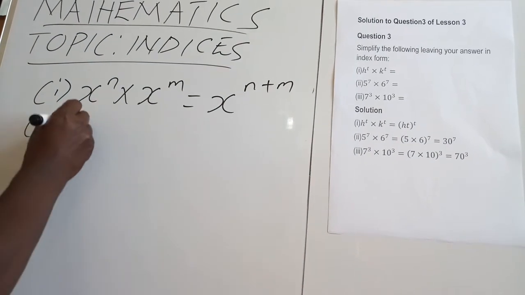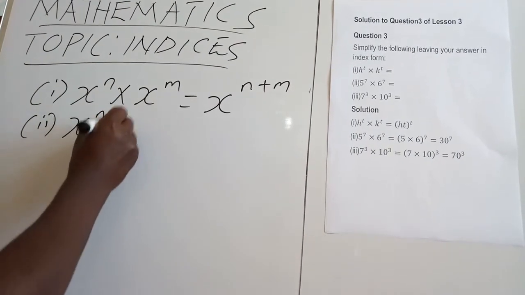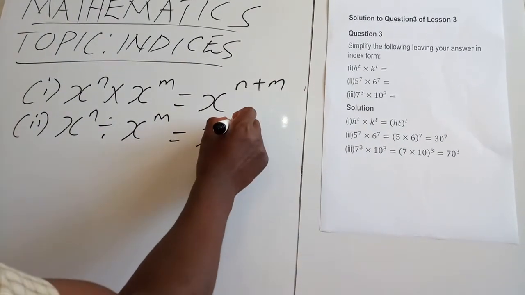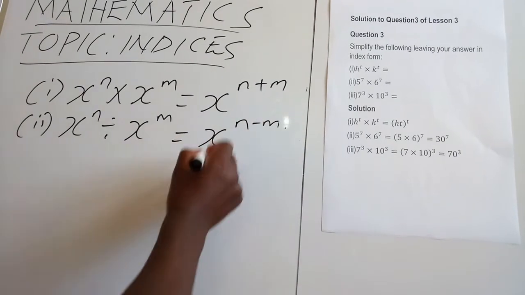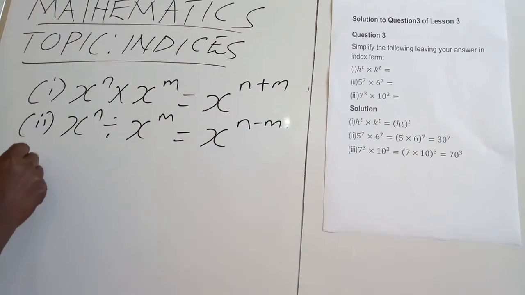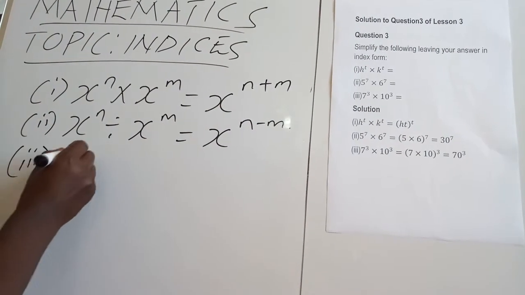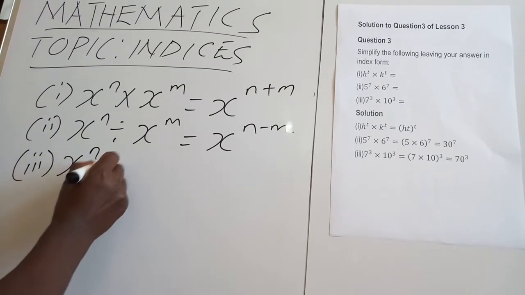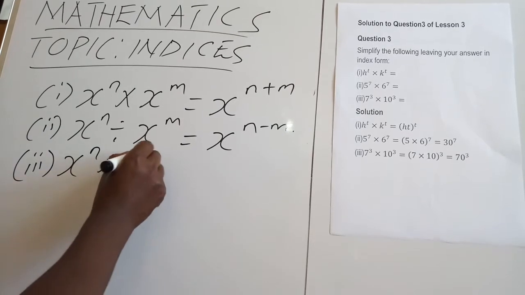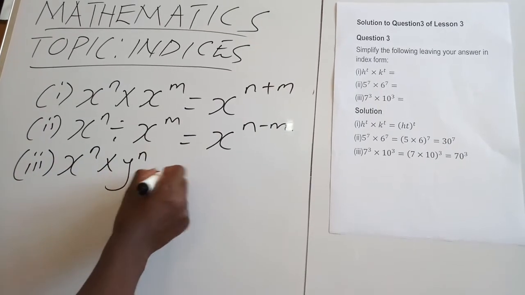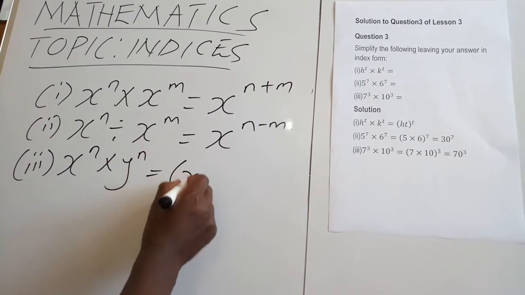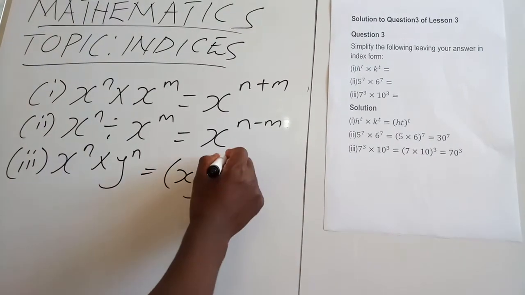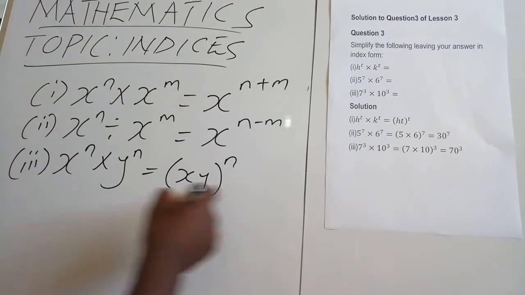Number 2, the law of division of numbers to a similar base, where we said you subtract the indices. And number 3, the law of multiplication of numbers to a similar power, where we said you multiply the bases and let whatever product you get assume that similar power.